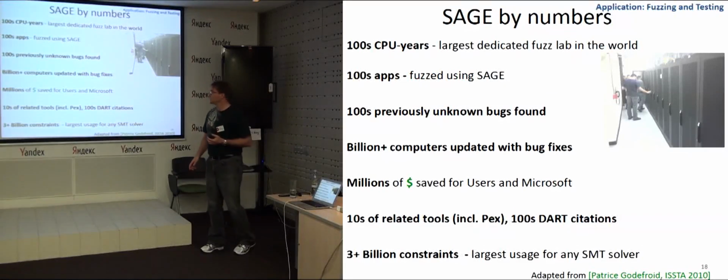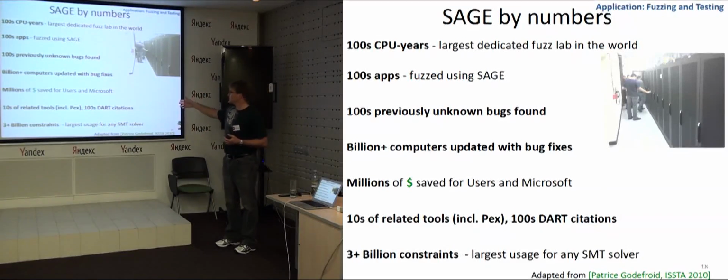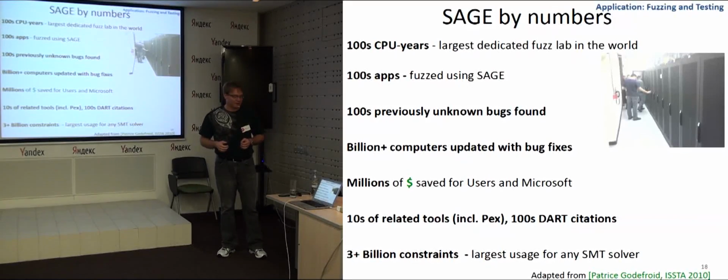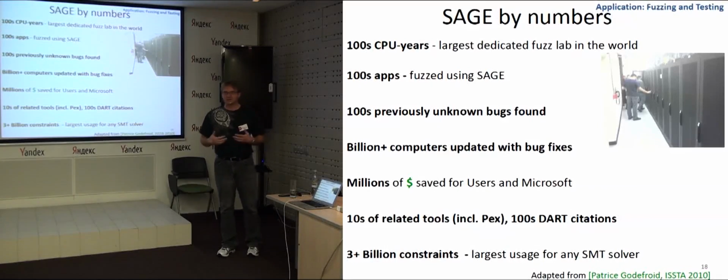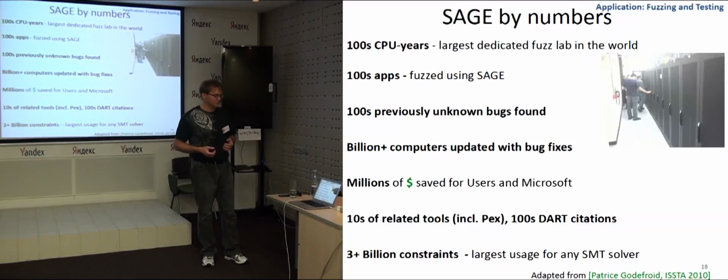So the question was, is Sage used in production? So here's the bragging slide about Sage. It's run for hundreds of CPU years for hundreds of apps. So you can deduce that for each app we spend easily a CPU year just analyzing each application using this tool.